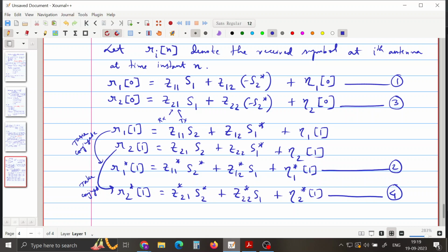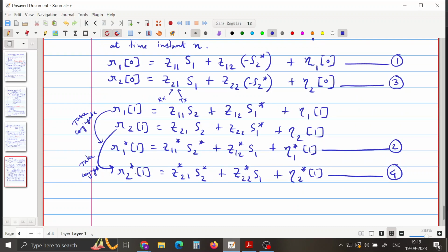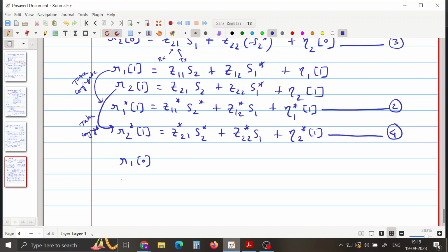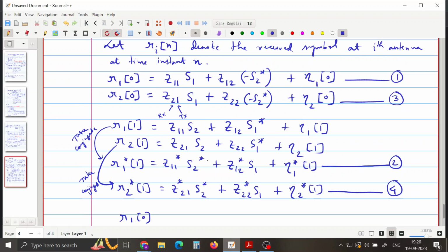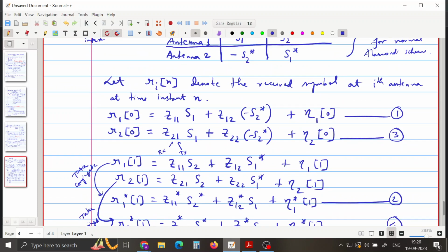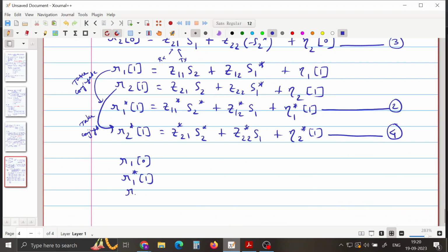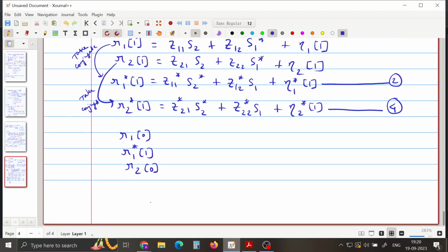Now I will write this in matrix form. R1 of 0 is my first entry. From equation 2 I have R1 star of 1 on the LHS, so that's my second entry. From equation 3 I have R2 of 0 on the LHS, that's my third entry. And from equation 4 I have R2 star of 1.